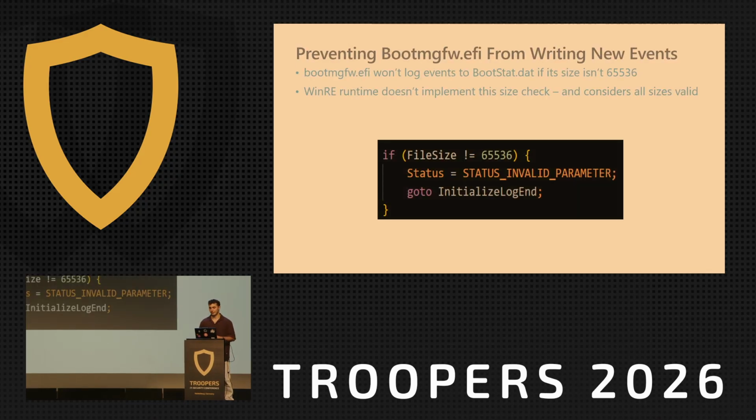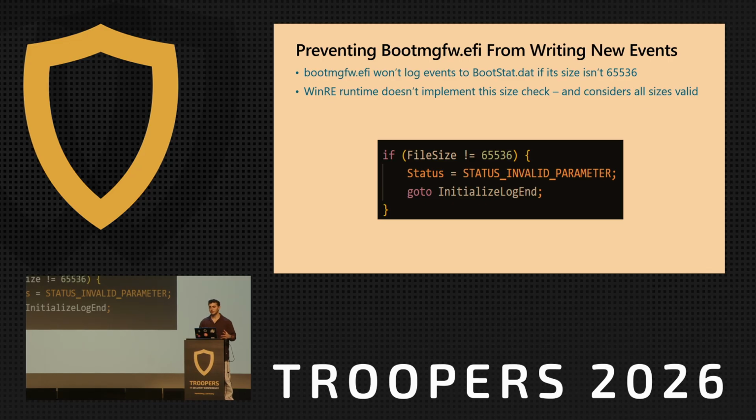After digging into the boot manager's logging mechanics, we found that during the log initialization, the boot manager treats the log as valid only if its size is exactly 65,536 bytes, no more and no less. So the size of that file is hard-coded. It's always the same size, and it's a cyclic log, so that's the reason that it's hard-coded.